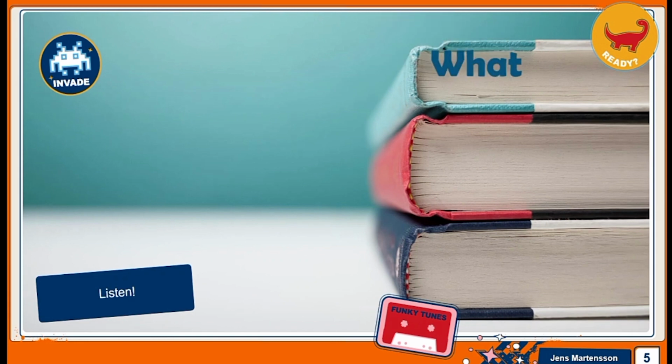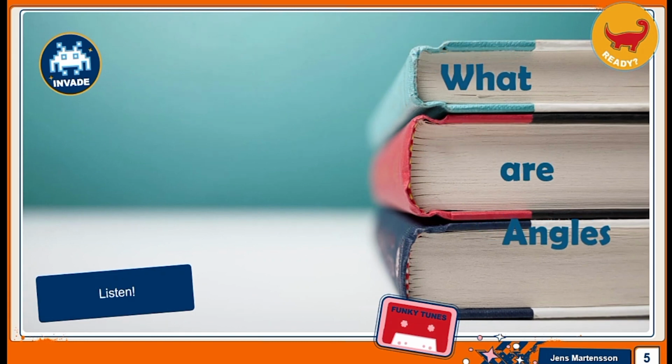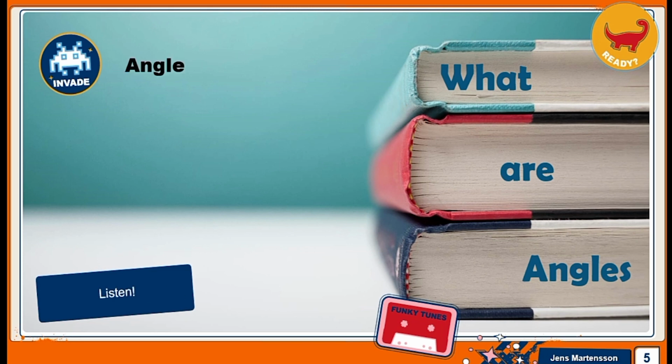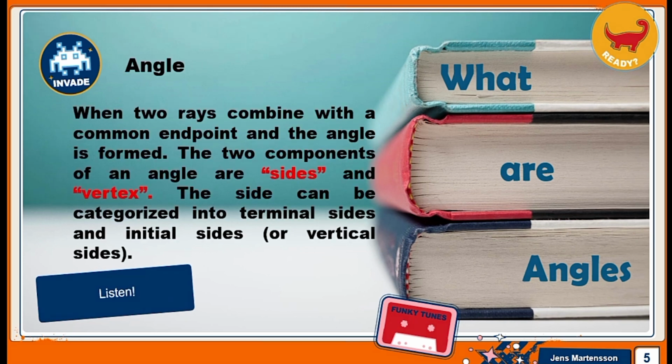Now, we will discuss and define what angles are. For you, what is an angle? Based on its definition, when two rays combine with a common endpoint, an angle is formed.